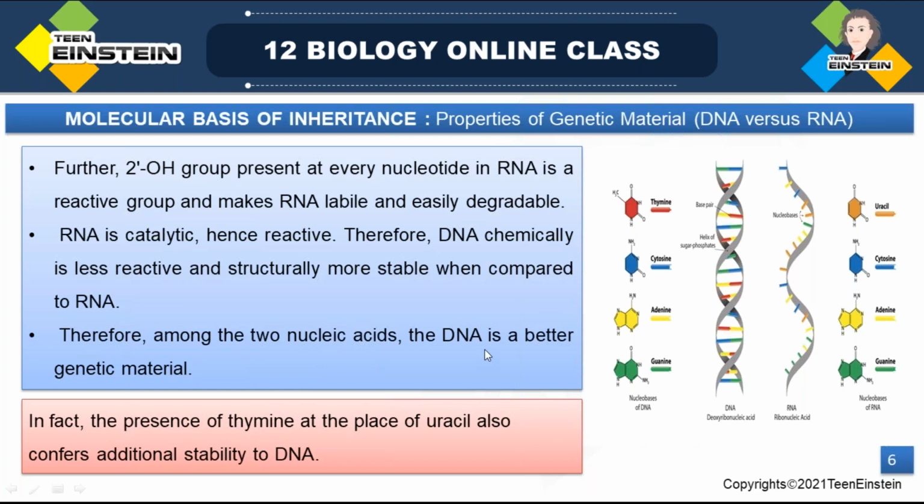Therefore, among DNA and RNA, DNA is the better genetic material because of its stability and lower reactivity. One more point is the presence of thymine in place of uracil, which also confers additional stability to DNA. In RNA you can see uracil instead of thymine, which makes it unstable.